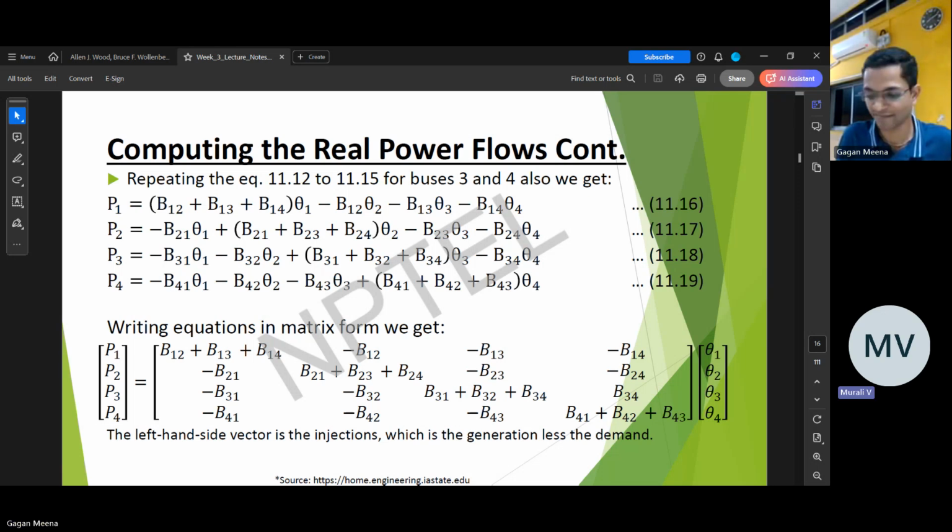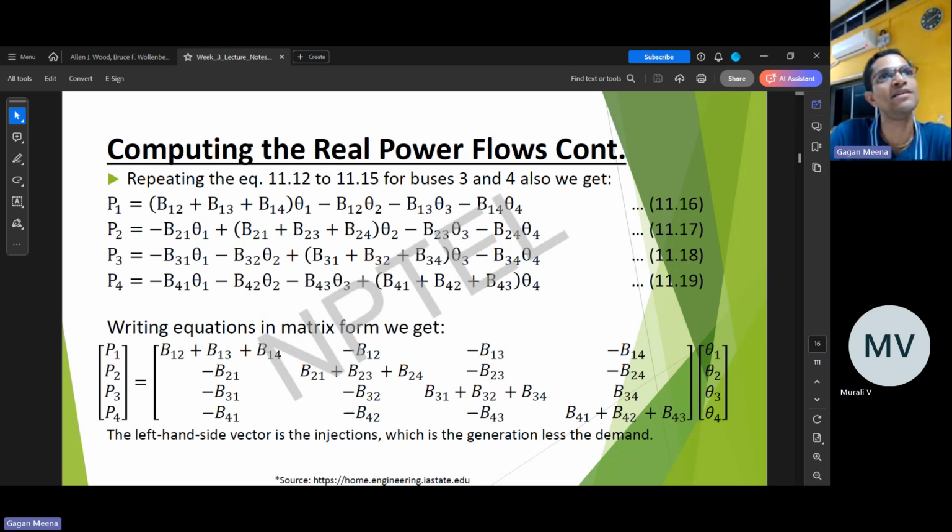So do you mean B12 is only the magnitude? Yes, consider only the magnitude, don't consider J. For a line having some reactance, when you take the inverse you get a minus J into something.